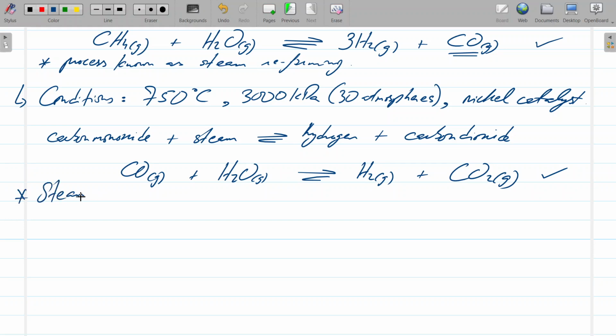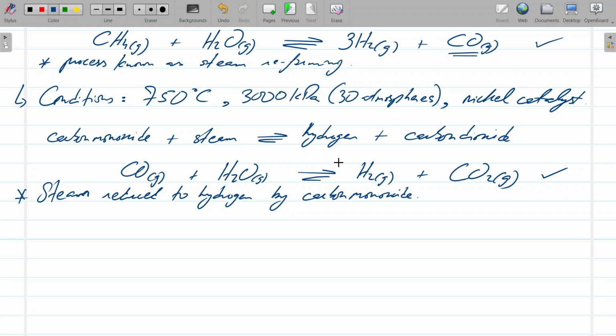Why, chemically, is the steam reduced? Can you explain that to me? Can you please repeat the question? The steam has been reduced to hydrogen gas by carbon monoxide.